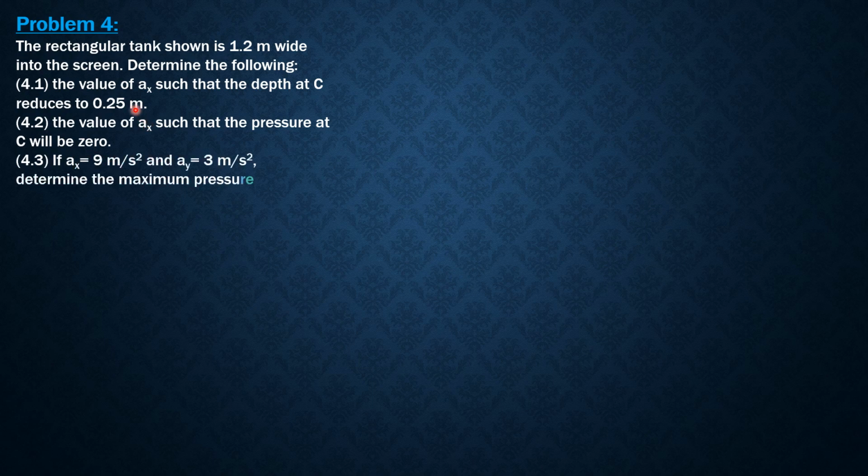Determine the following: the value of A sub x such that the depth at C reduces to 0.25 meters, the value of A sub x such that the pressure at C will be 0, and if A sub x is 9 meters per second square and A sub y is 3 meters per second square, determine the maximum pressure that can develop in the tank and the point where it is occurring.